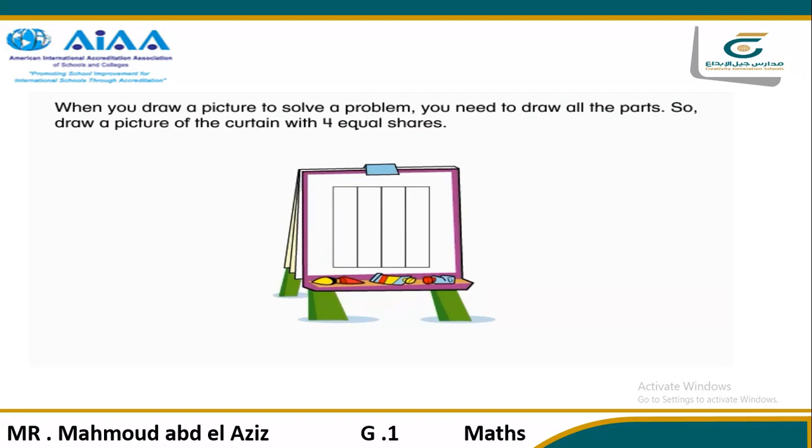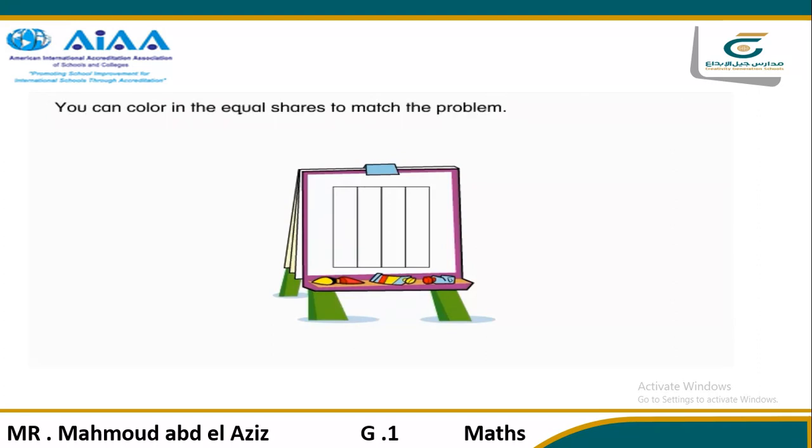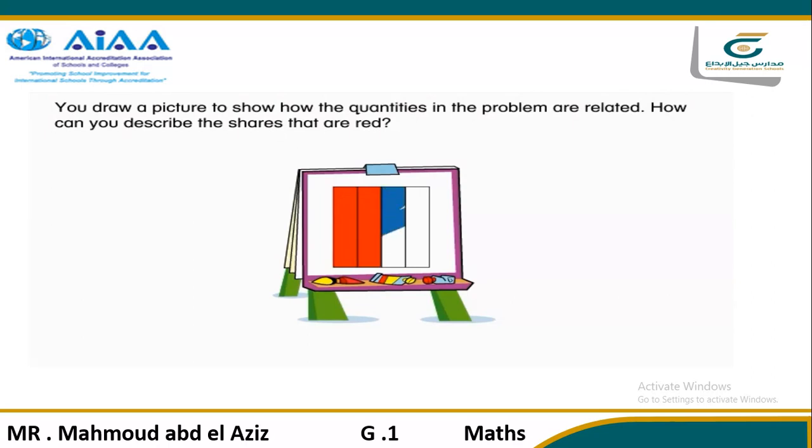So draw a picture of the curtain with 4 equal shares. You can color in the equal shares to match the problem. You draw a picture to show how the quantities in the problem are related.